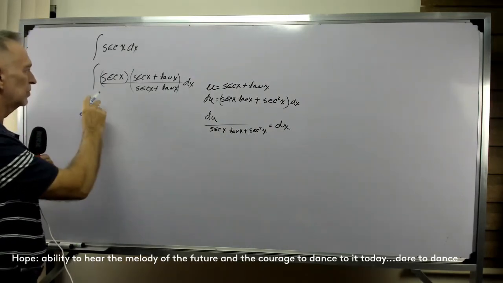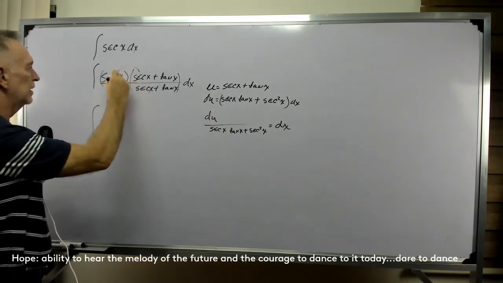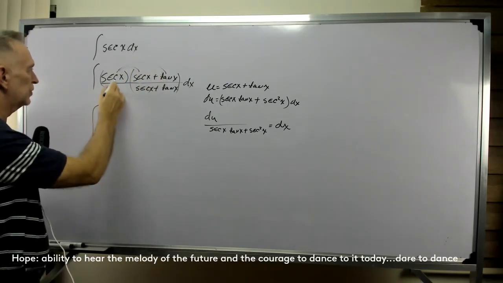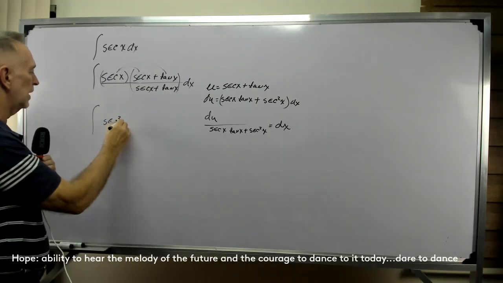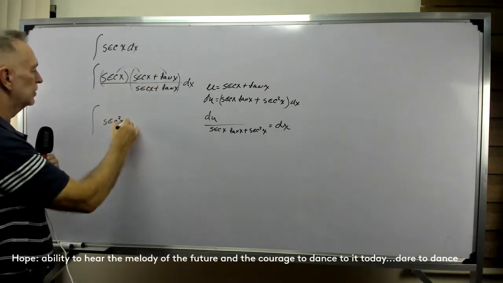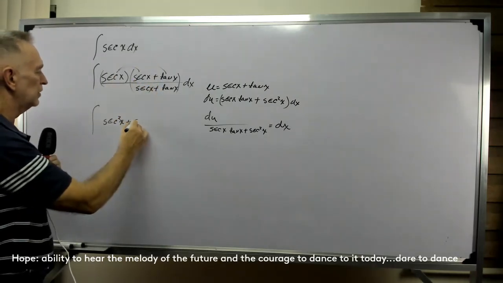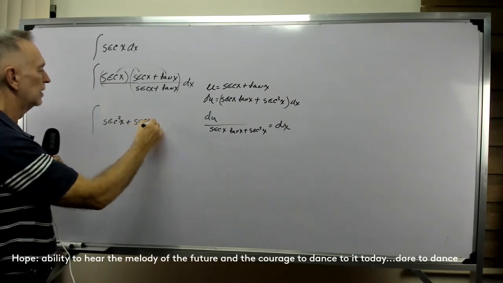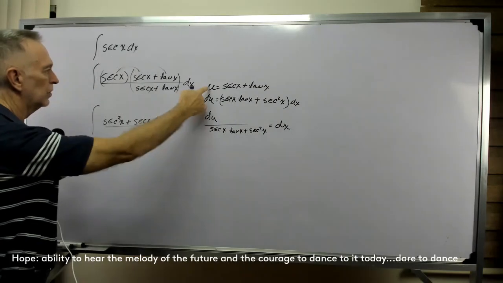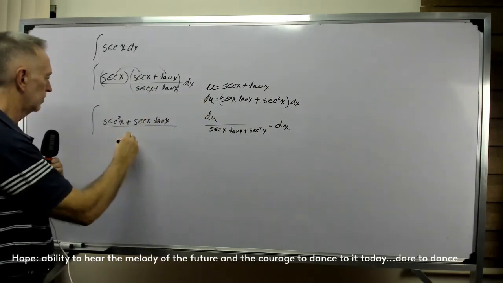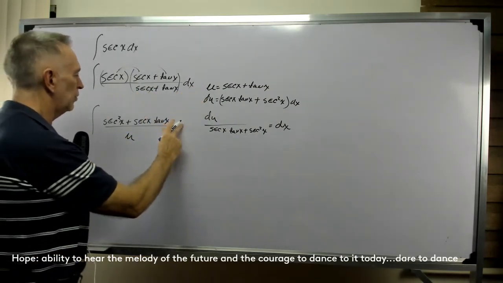Okay, the integral, let's go ahead and distribute. Here we'd have secant x times secant x is secant squared x plus secant x tangent x, and that's over u. And now we have du.